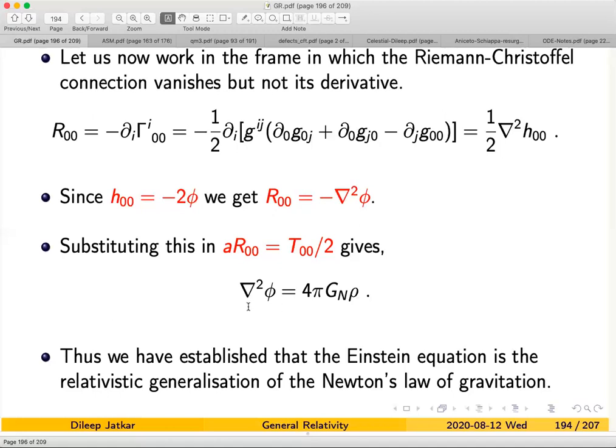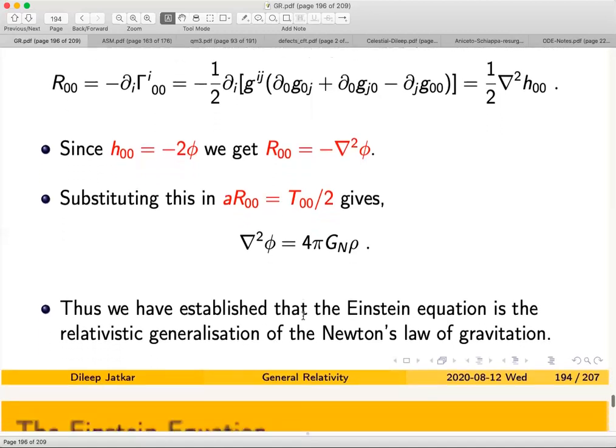So this equation is not good enough for you to tell about bending of light or gravitational lensing. You need more information. You need a probe particle to be determined. Okay, sir. Fine.